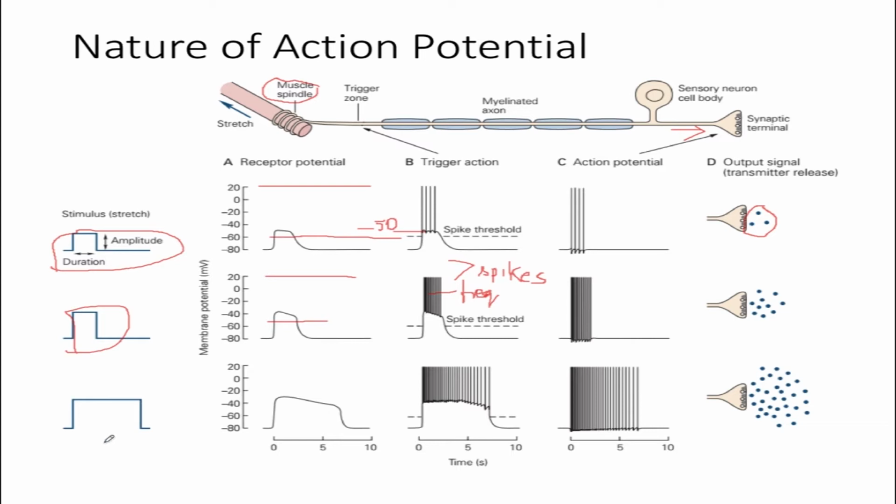In the other case, suppose the duration is longer. In this case the duration is longer, so it is above the threshold level for a longer period of time. In that case, the density of the number of spikes will not be affected, but it will be more in terms of the total duration of the spikes. The total duration of the spikes initially was smaller, here it will be bigger.